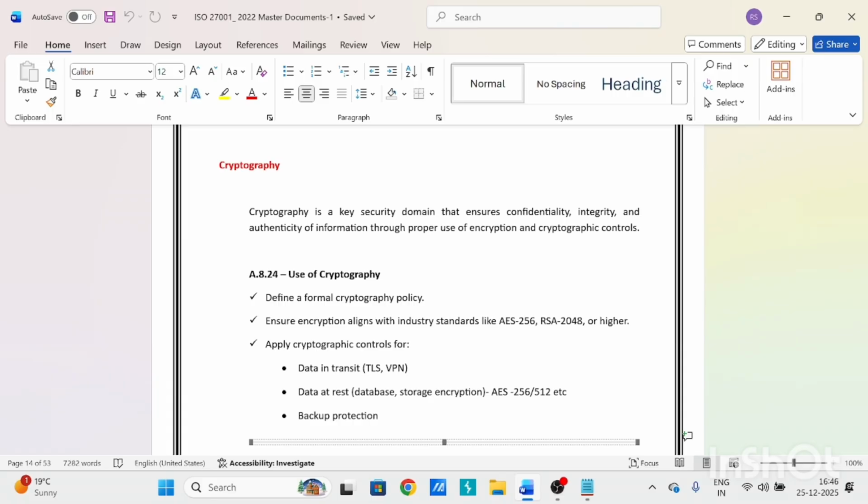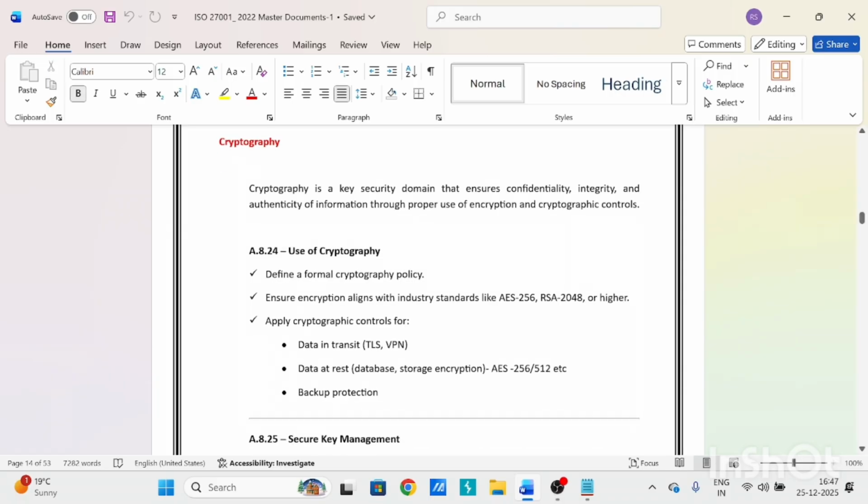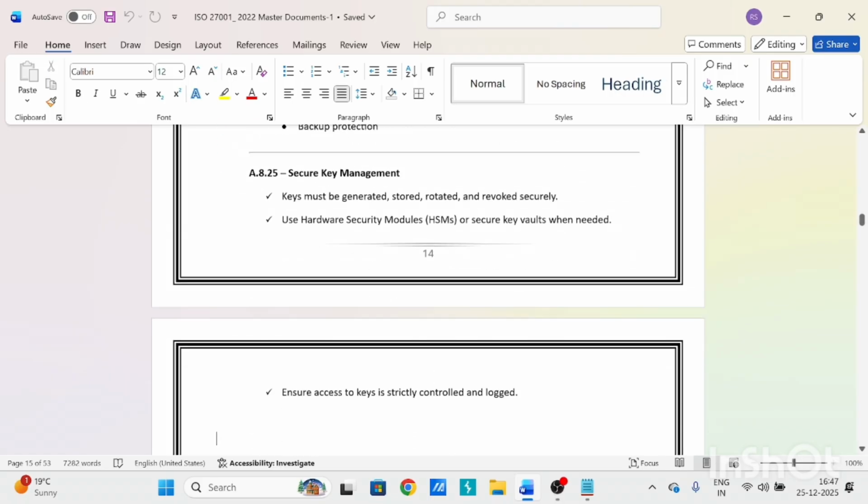Define formal crypto policies, and ensure encryption is aligned with industry standards like Advanced Encryption Standard AES 256 and RSA 2048 or higher. Apply cryptographic controls for data in transit, TLS or VPN, and data at rest, database storage encryption, AES 256, 512, etc., and backup protections.